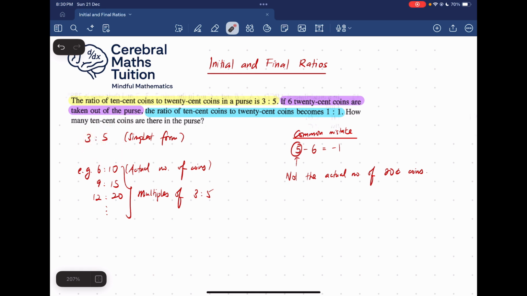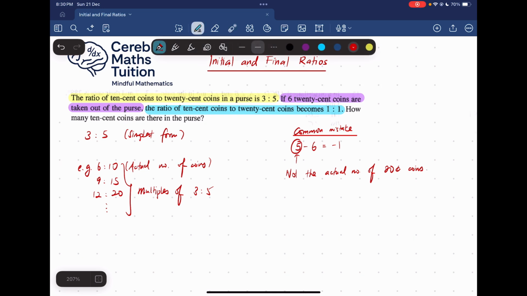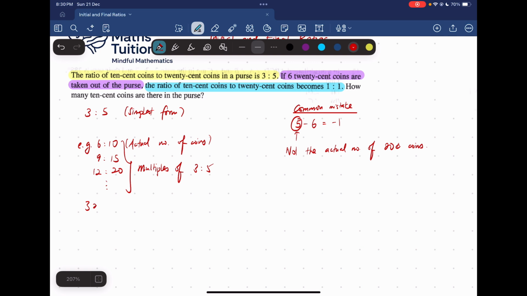We can let x be the unknown. Such that when I say 3x to 5x, this is truly the actual number of coins. With the power to represent the actual number of coins, we can proceed with the question.